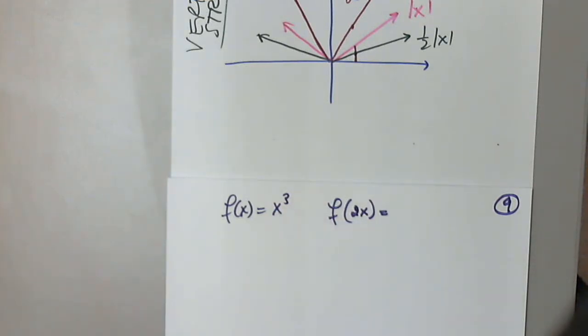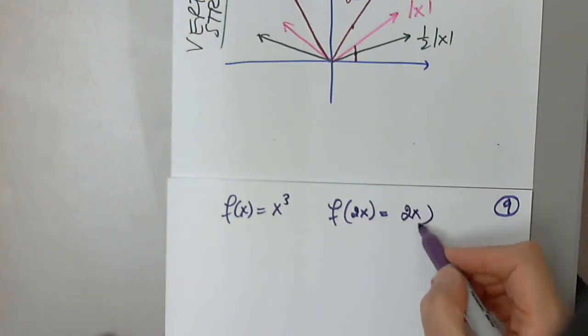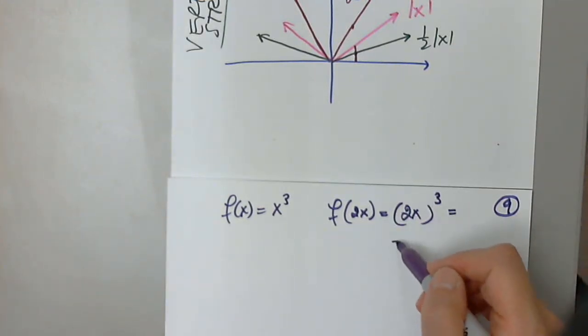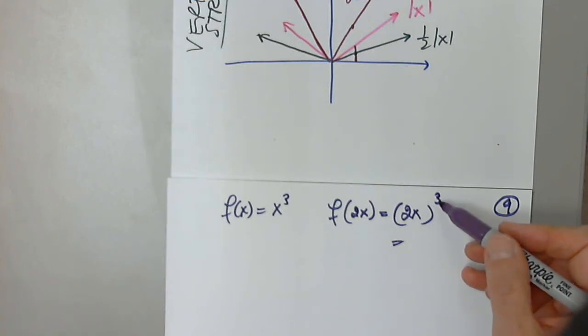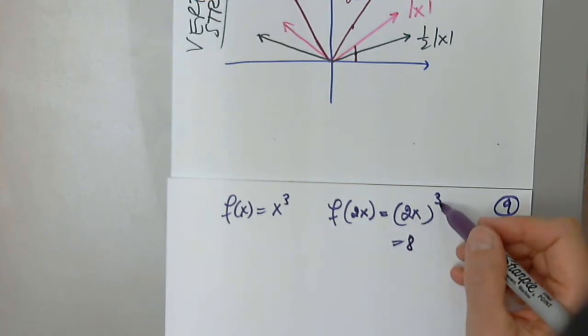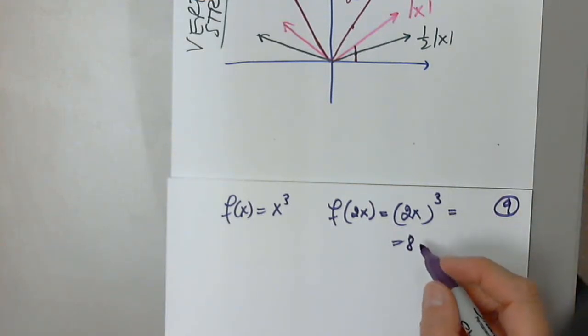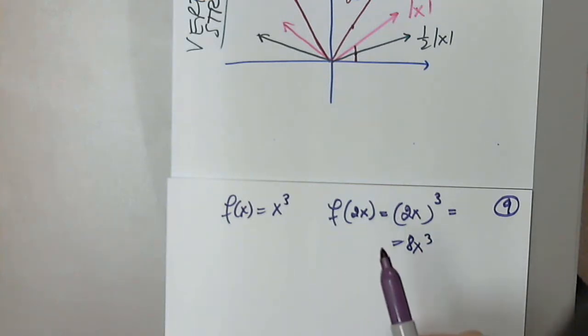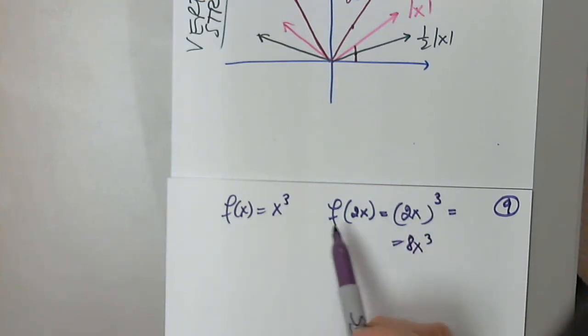That's what this says. So you will have 2x raised to the third. But now you raise 2 to the third, and you get 8. And you raise x to the third, and you get x cubed. Perfect.